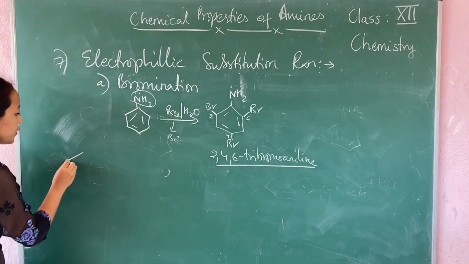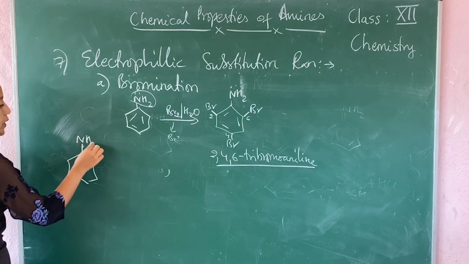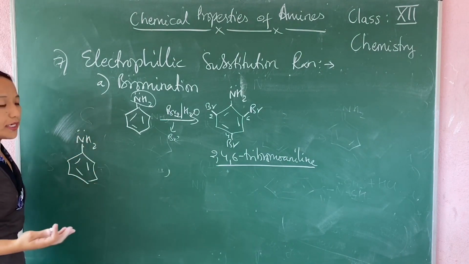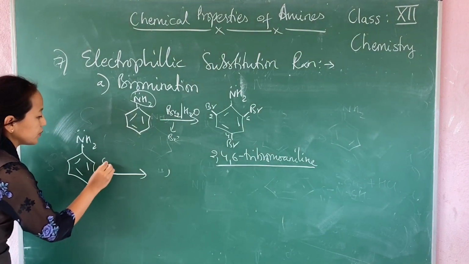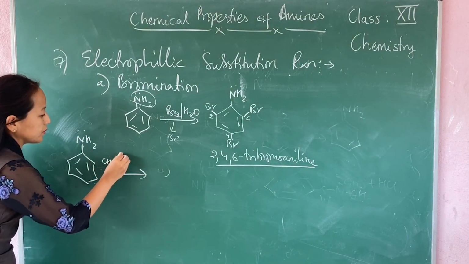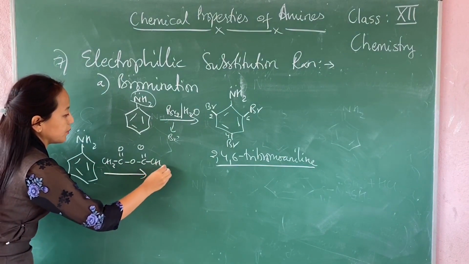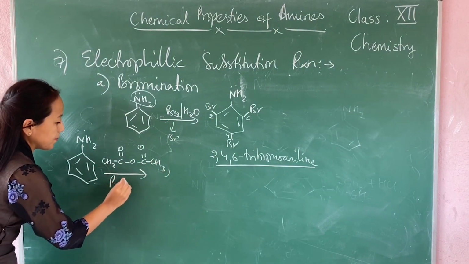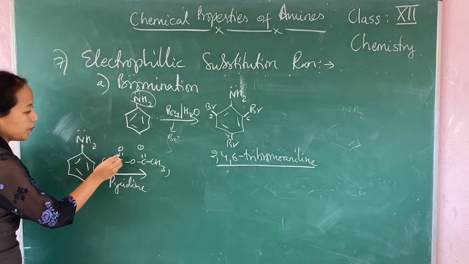So for that you are going to treat NH2 with acetic anhydride. We have done that in the acylation reaction. So when you treat this with the acyl group, O double bond C, O, C double bond O, CH3, in the presence of pyridine, what happens is again, this double bond will shift.